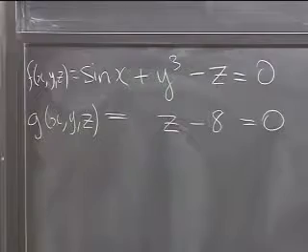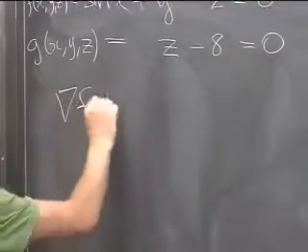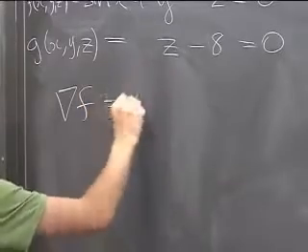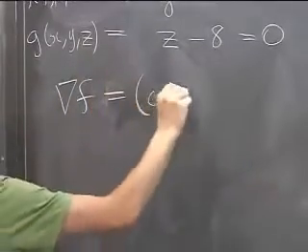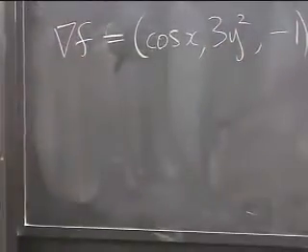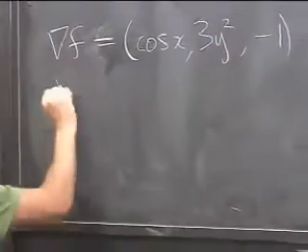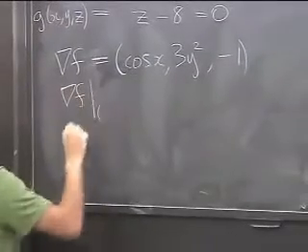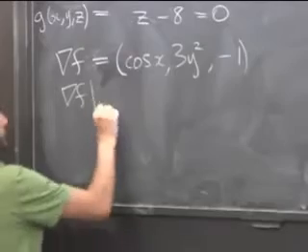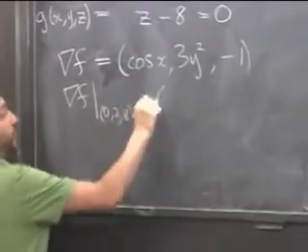Okay, so I've got to compute del f. Well, del f I'll just do in general. This is cosine x, 3y squared, minus 1. Fairly straightforward. And then, of course, I need this evaluated at this point 0, 2, 8. Cosine 0, of course, is 1.